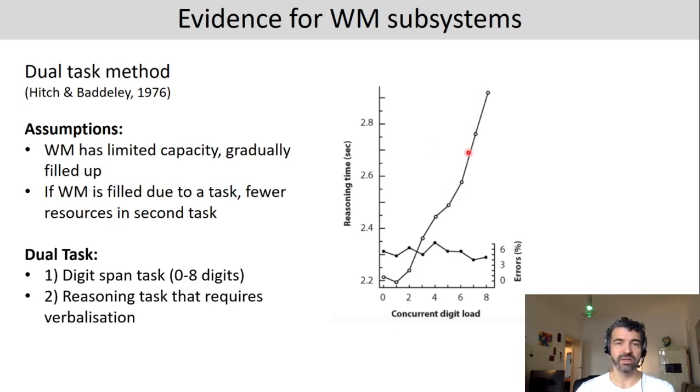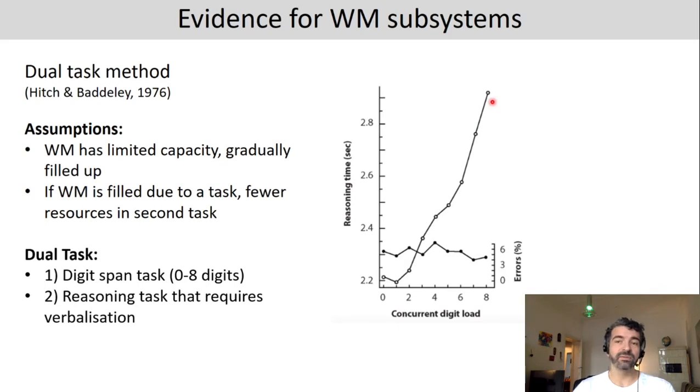This is the empty circles here. So the time increased, suggesting that the resources that were taken for performing the digit task were lacking to do the verbalization task. And the more items there were in the auditory loop, the phonological loop, the more difficult or the longer it took participants to do the reasoning.